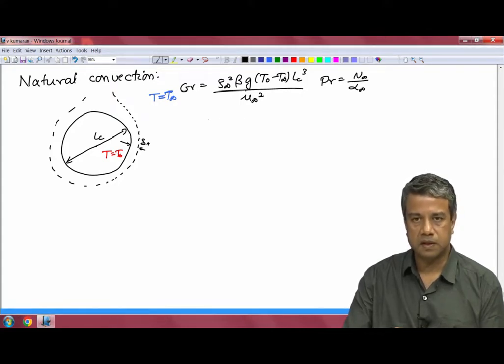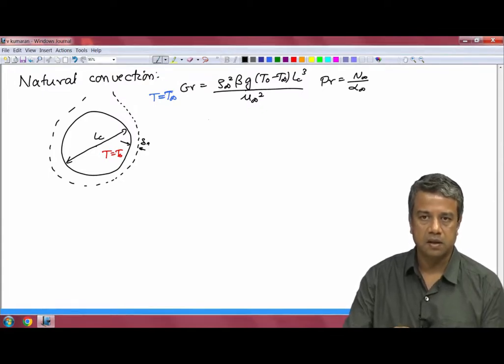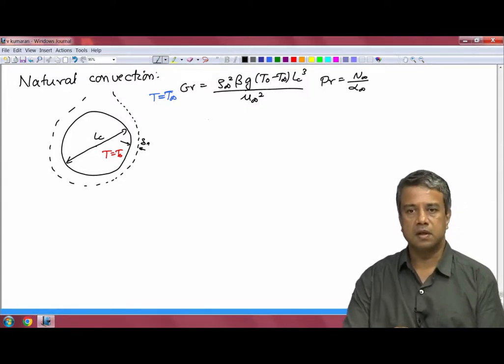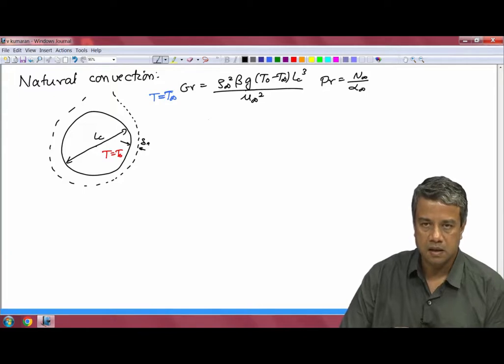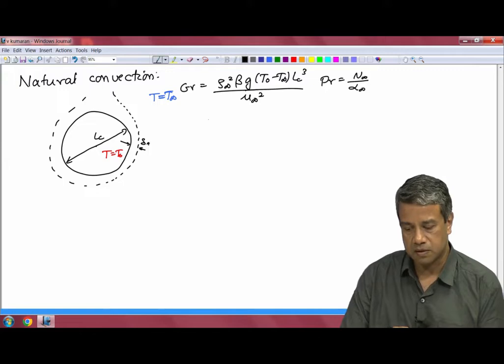When the Grashof number is large, you would expect diffusion to be restricted to a thin region close to the surface, because any momentum or energy that diffuses from the surface will be rapidly swept downstream due to the strong flow.